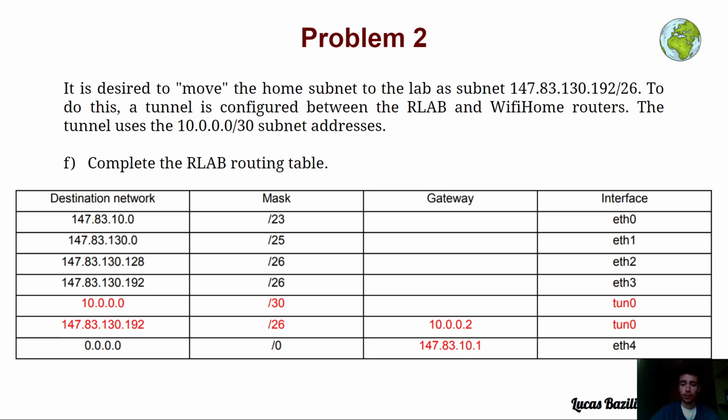The interface of this is the tunneling, since we are using the tunneling, and so the other entry that we need to add, of course, is going to be the network of the tunnel. This is the network that we see here. It has a mask of /30, so we specify the mask. Now, of course, this is a directly connected network.